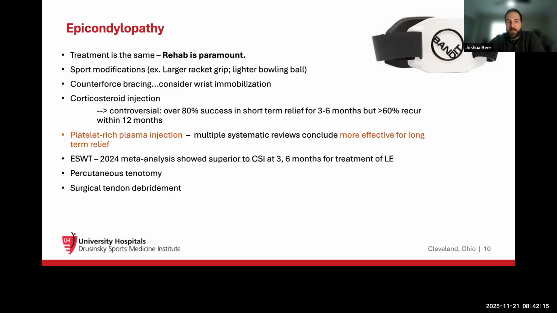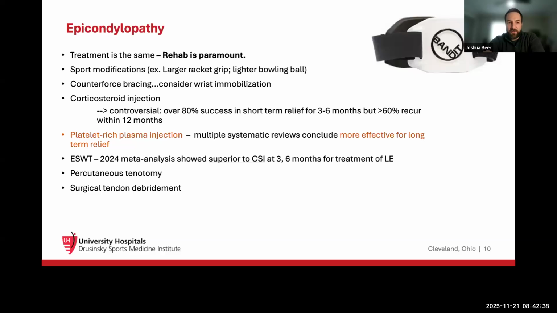What that's trying to do is kind of shift the fulcrum point of those tendons away from their insertion site to offload. You also can consider wrist immobilization. This is not something I jump to initially, but if they're really recalcitrant, if you immobilize the wrist, that can also offload that further. And that's just like a basic neutral wrist brace.